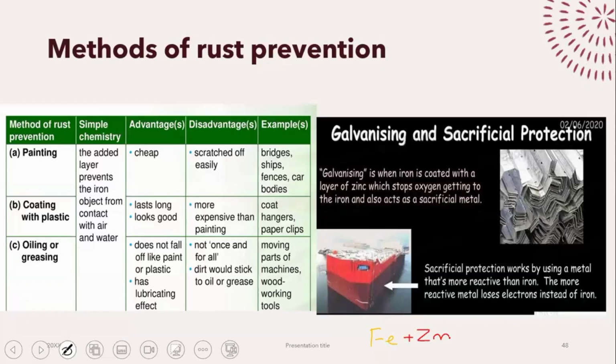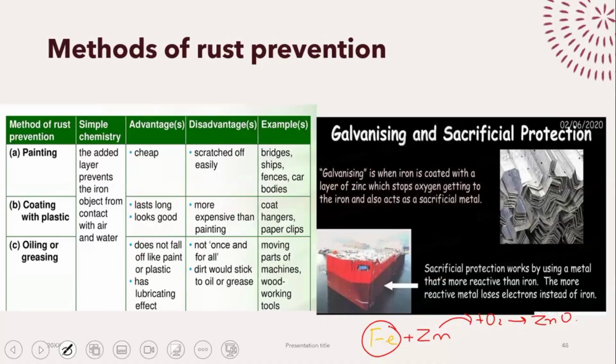Since zinc is more reactive than iron, zinc will react with the oxygen and it will make zinc oxide. Iron will be spared. Iron will be saved because zinc has reacted with the oxygen to give you your zinc oxide. So your iron has been saved, right? This is what the process is.